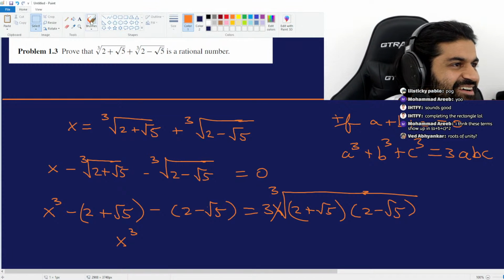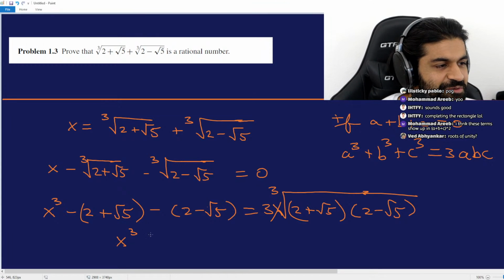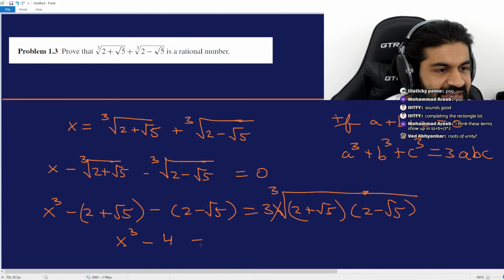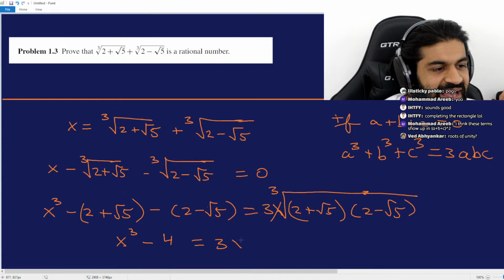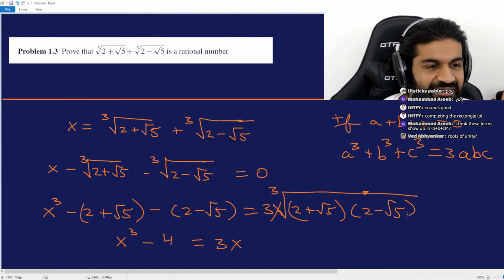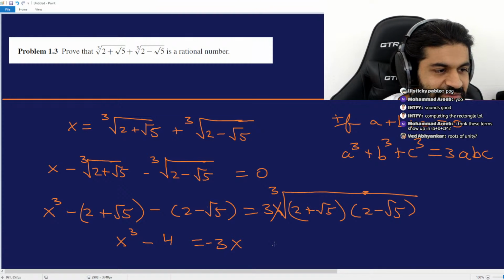All right, so x cubed minus 4 is equal to 3x times the cube root of this expression. 2 plus root 5 times 2 minus root 5 is just 4 minus 5, so the cube root of negative 1, and you get negative 3x.